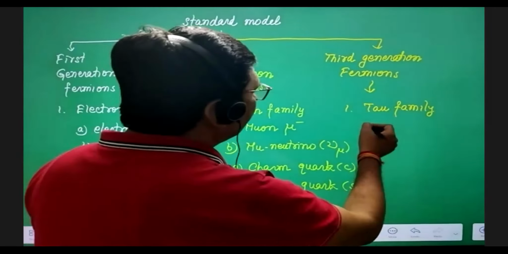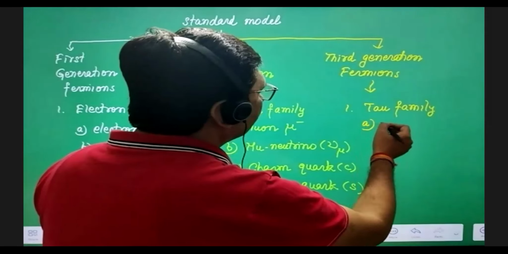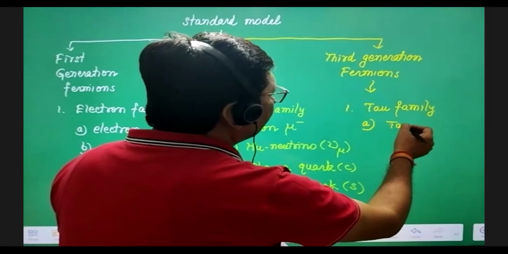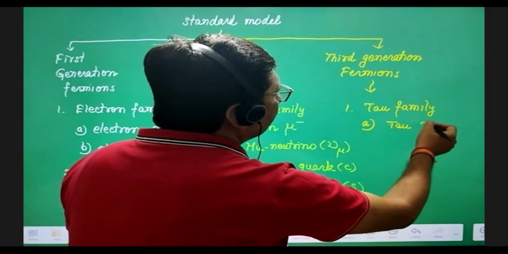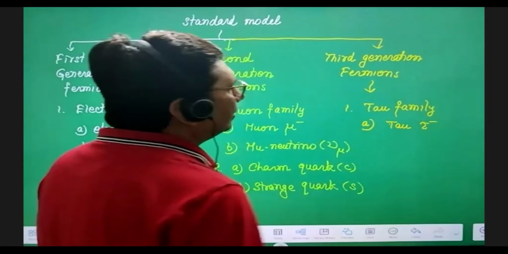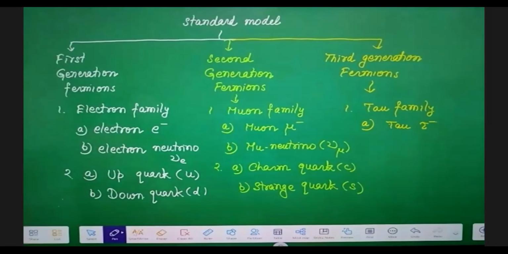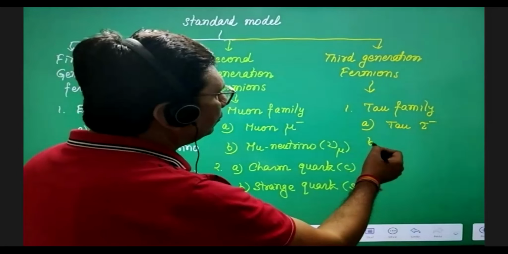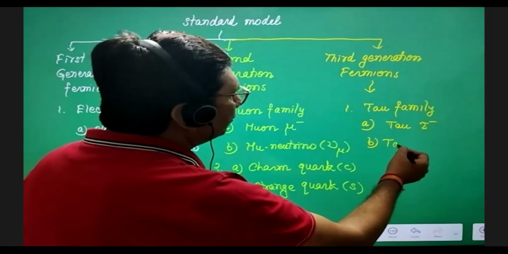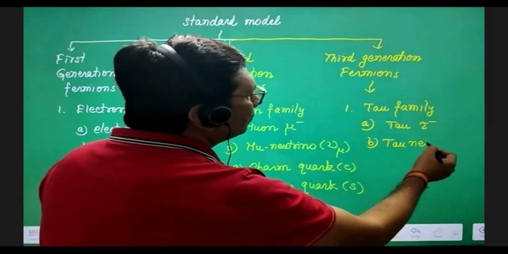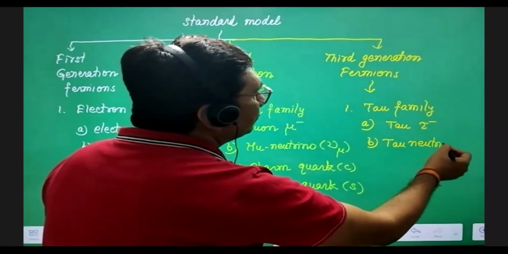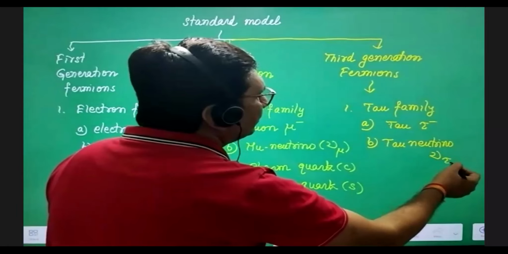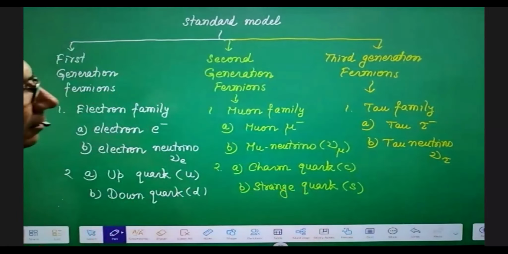In this tau family, you have tau. Spelling you can check. The symbol is tau minus. And tau neutrino, so nu tau. It will be like this.